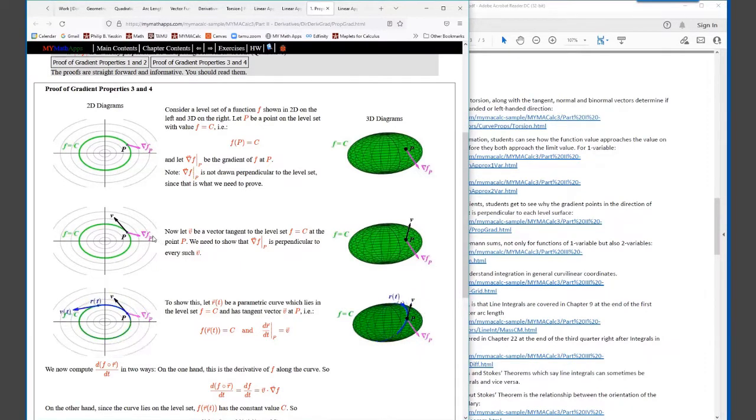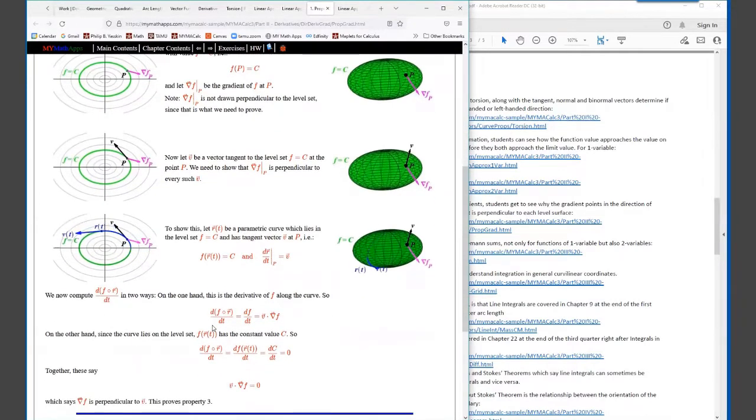Notice the gradient is not drawn perpendicular because you shouldn't assume what you're trying to prove before you've proved it. So I draw it not perpendicular, but then the algebra proves it must have been perpendicular in the first place.